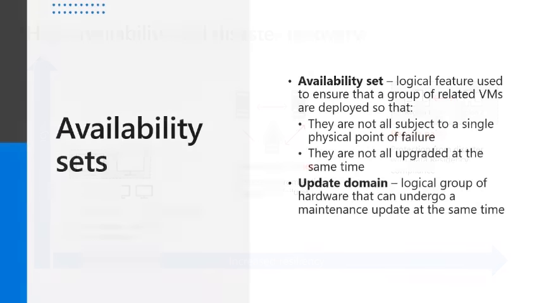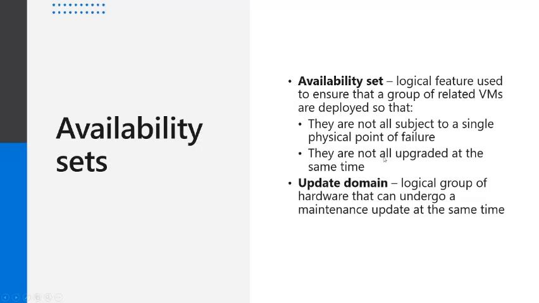Availability sets, we will just create a virtual machine availability set. It is a logical feature used to ensure that a group of related VMs are deployed so that they are not all subject to a single physical point of failure.